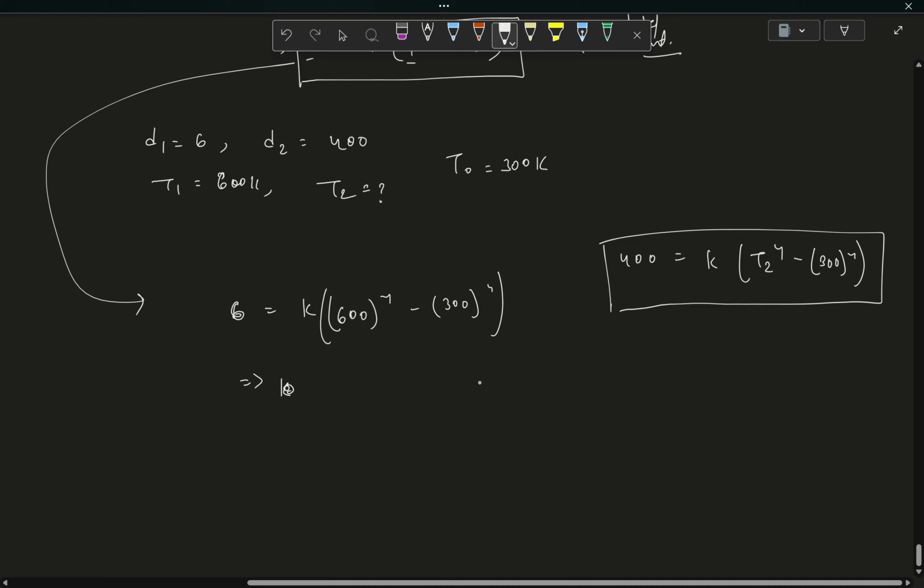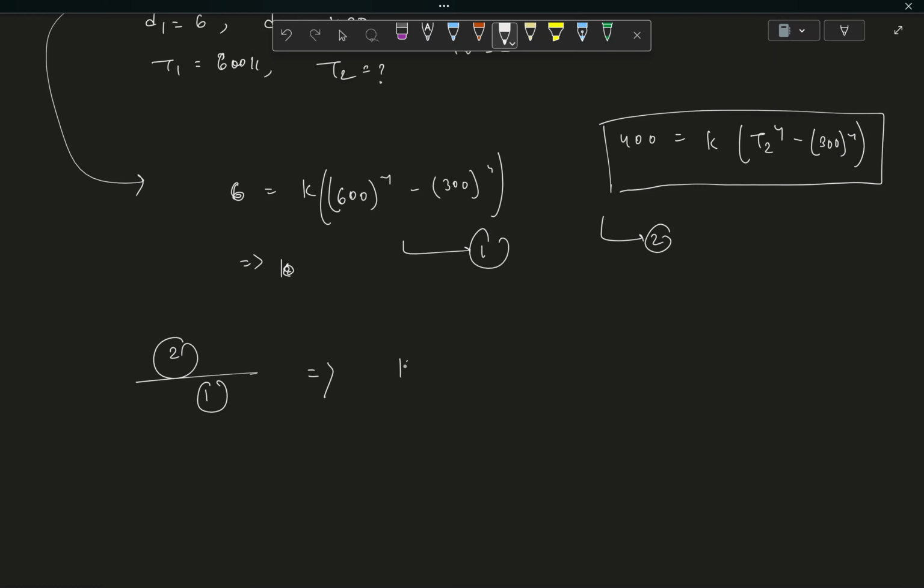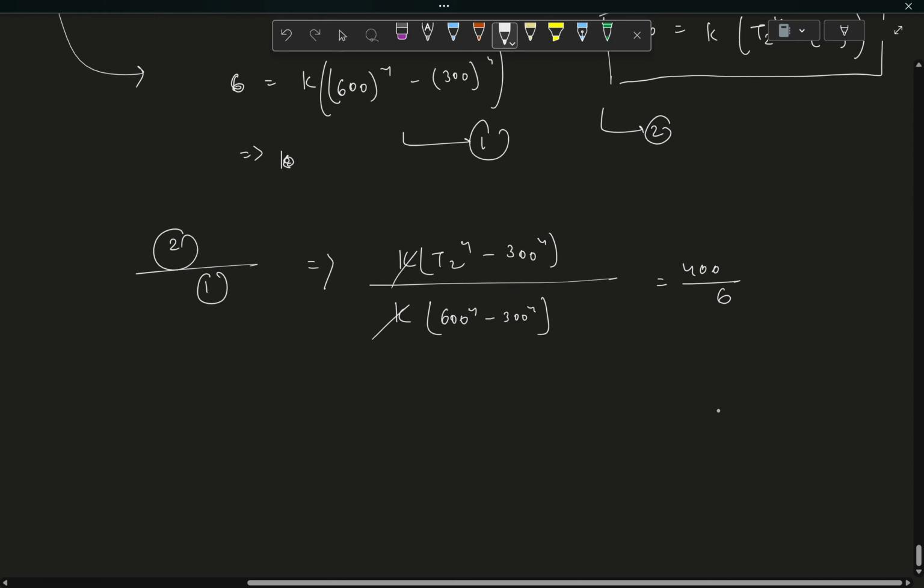Then if you take a ratio of 2 by 1, what it will give you is K times T2 to the power 4 minus 300 to the power 4 divided by K times 600 to the power 4 minus 300 to the power 4, equal to 400 by 6.